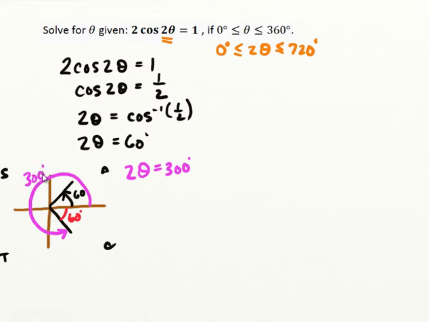Okay, so I've got 2 theta equals 60 as one solution, and 2 theta equals 300 as a second solution.